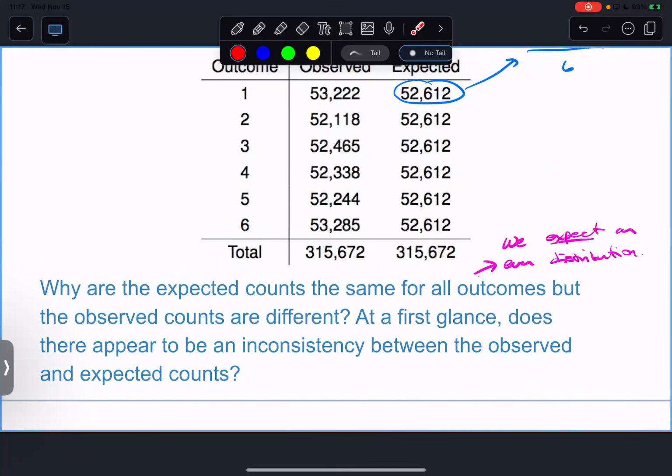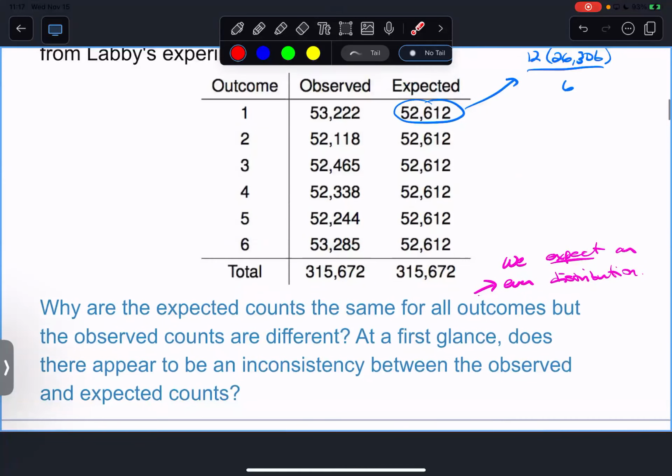In terms of, at first glance, does there appear to be an inconsistency? From those bar charts, we saw that the 53,000 is different from 52,000, just looking at those values. I'm a little bit concerned about the 53. Anything 52,000 is kind of in the realm.